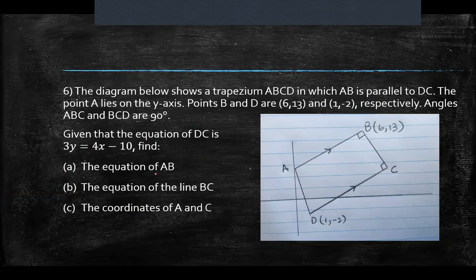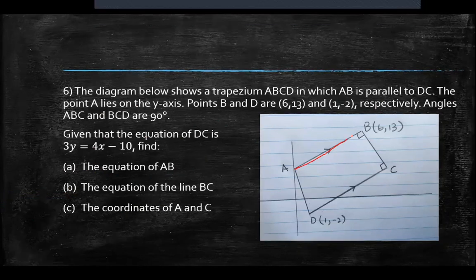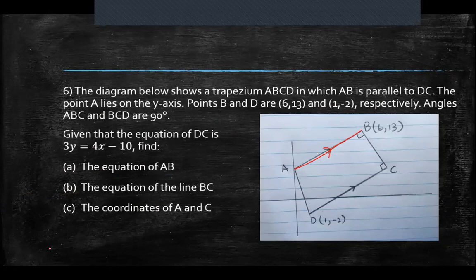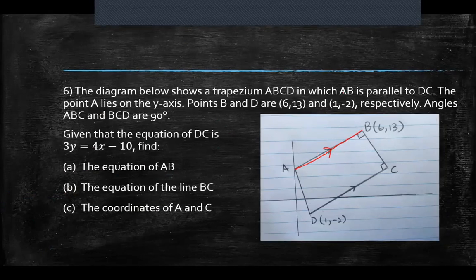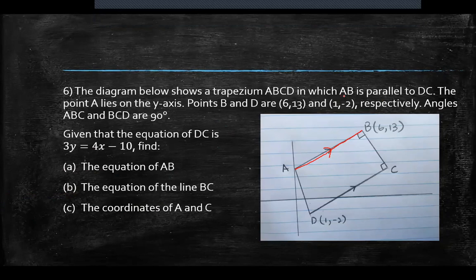They want the equation of AB, the line AB, that's this line. The first thing you want to do is find out what information they gave me about AB. They told me that AB is parallel to DC.